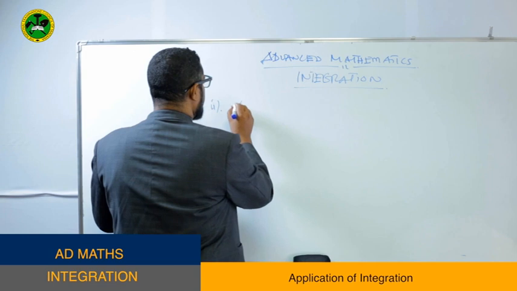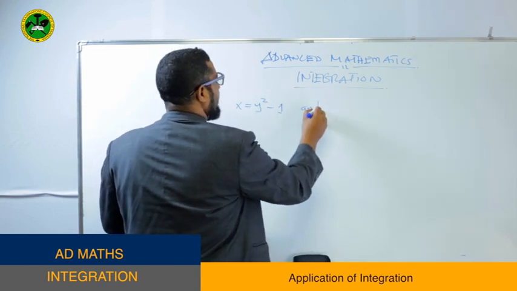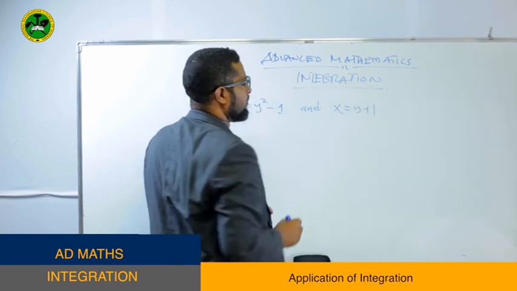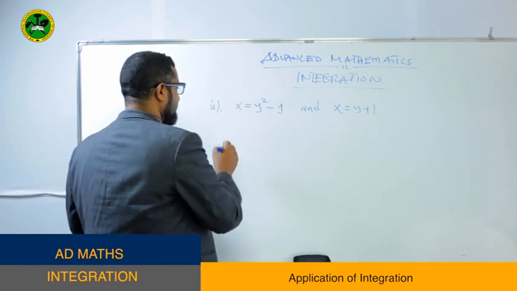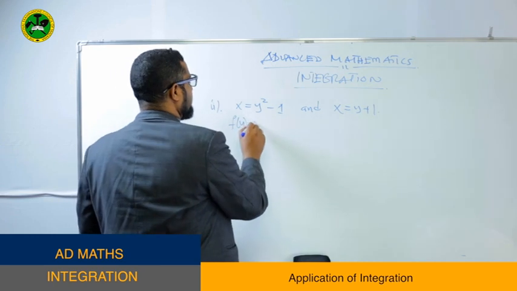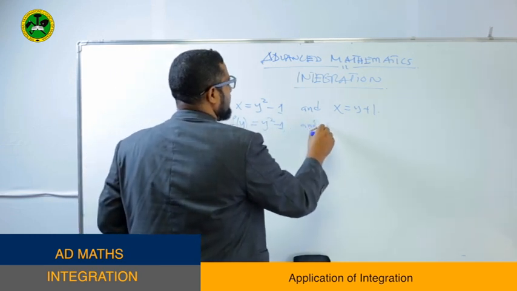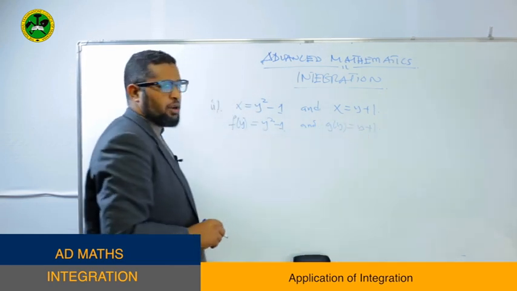We are given x equal to y squared minus 1 and x equal to y plus 1. So it means this function is the same as writing f of y is equal to y squared minus 1 and g of y equal to y plus 1.